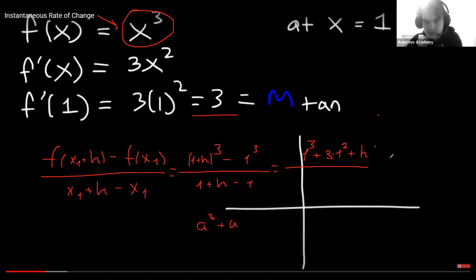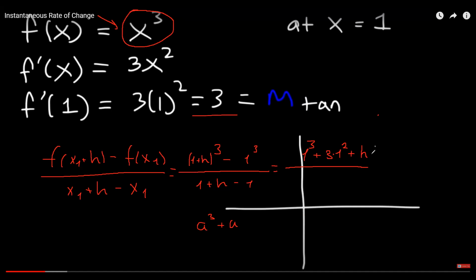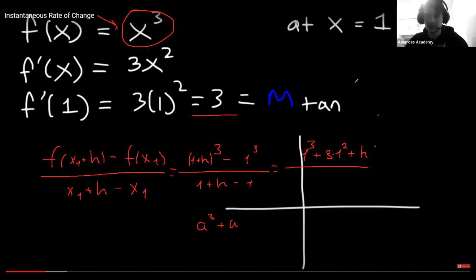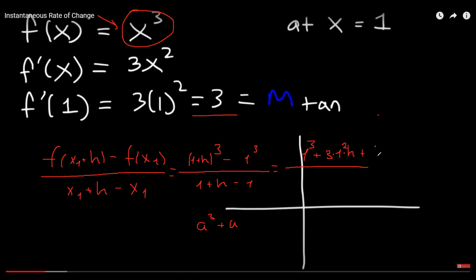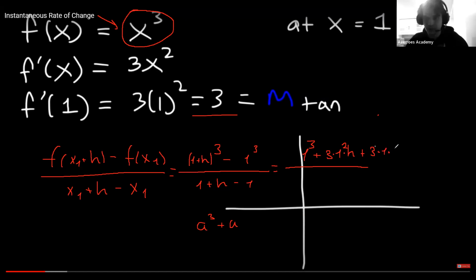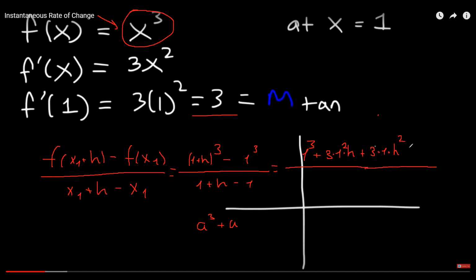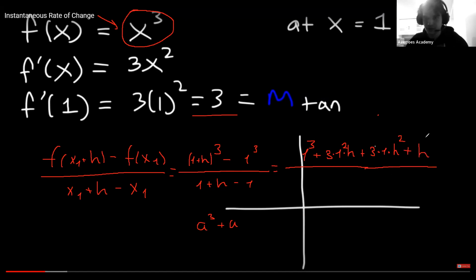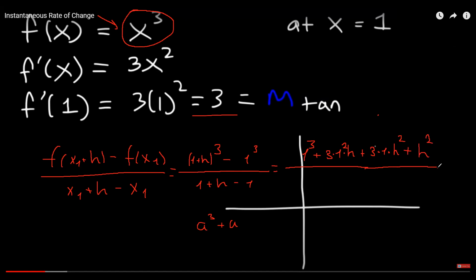It's b at the end, just multiply by b. Then plus 3a b squared, 3a h squared, right? And then plus b cubed. That's everything, that's it, right? Let me double check it.